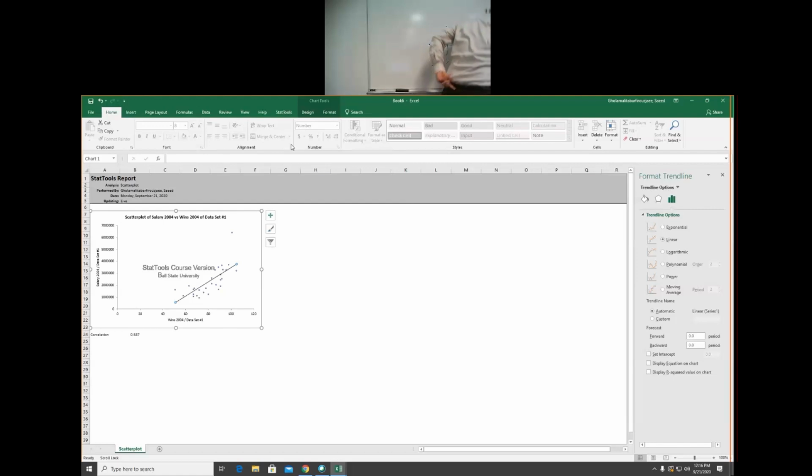We need to define this kind of equation. For example, ax1 plus c, it's a constant. And for this one, we need to define a regression equation or regression model. We are not going to cover regression in this course.